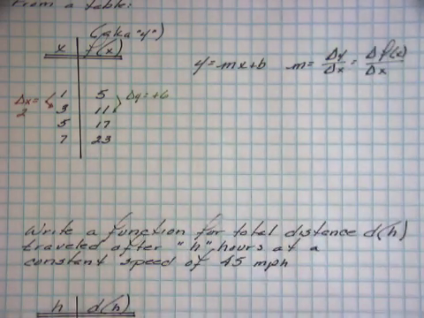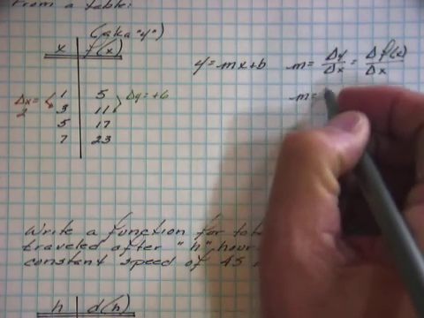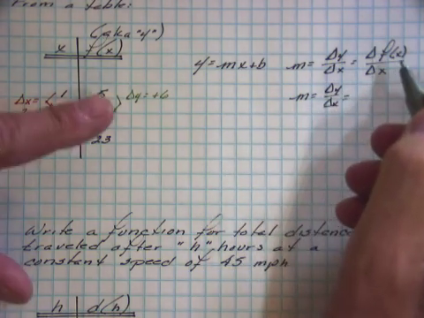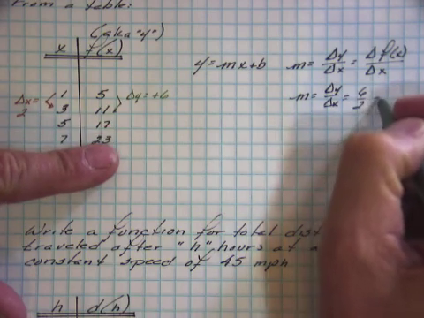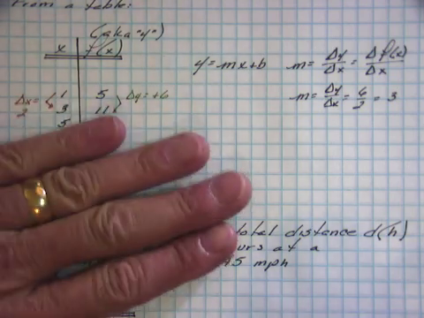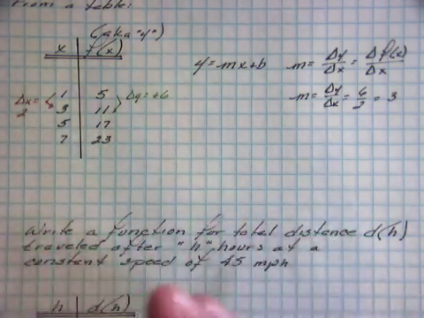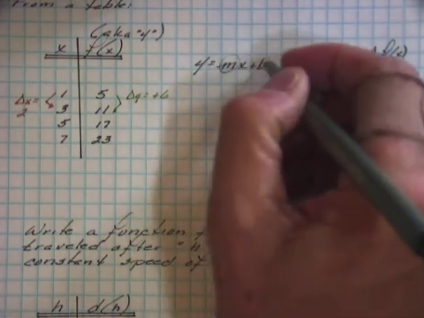So I can find the slope, which is delta y over delta x, from this table: 6 over 2 is 3. So the rate of change is 3, and if we were graphing it, it would have a slope of 3.